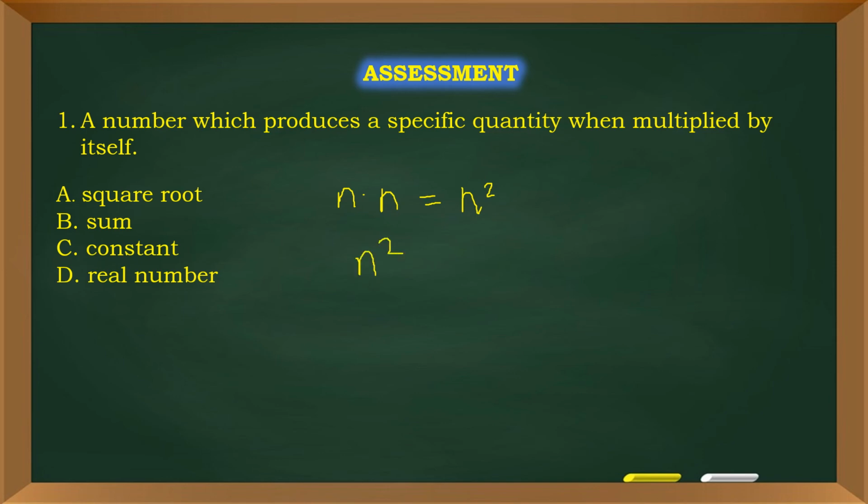If n squared is extracted with its square root, the radical and the square cancel out. The result is n. So n is the square root of the specific quantity n squared. Therefore, our answer is square root. Letter A.